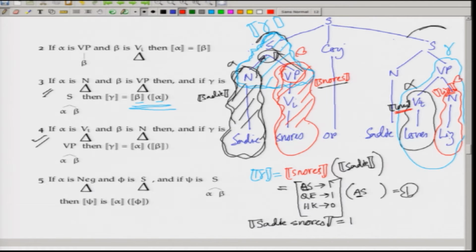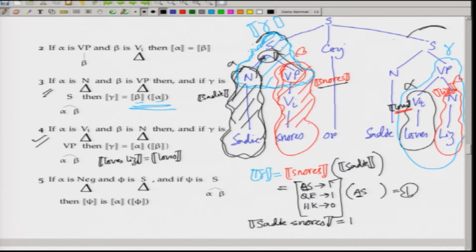So, according to this rule, what is this gamma? In our case, gamma is actually loves Liz, and what is it? It will actually be loves.